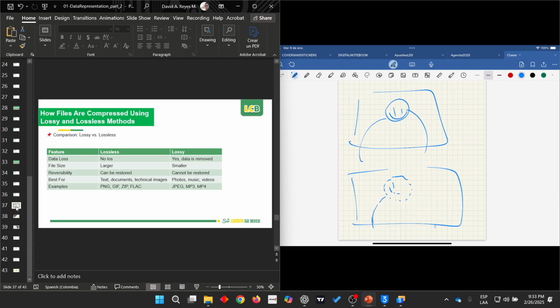In lossy, you cannot restore the file. Lossless is best used for text, documents, and technical images like PNG and others. Lossy is better for normal photos, JPEG photos, for music and videos.